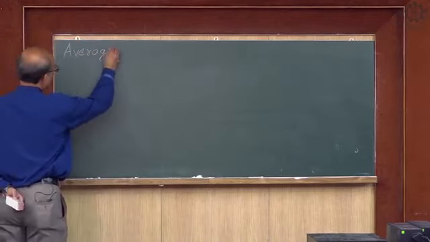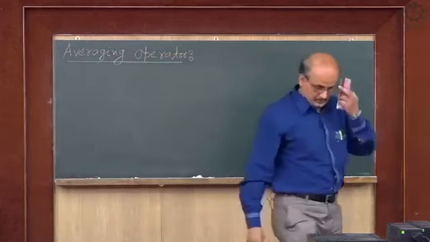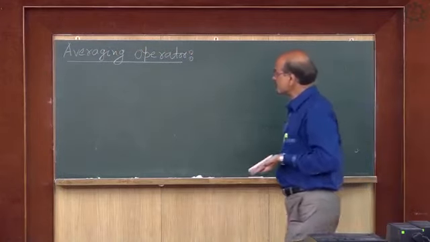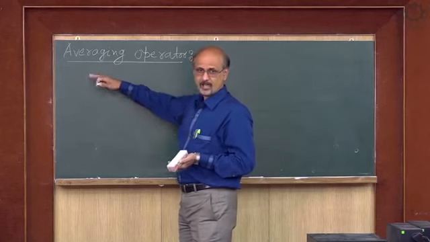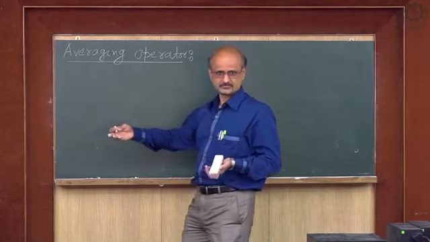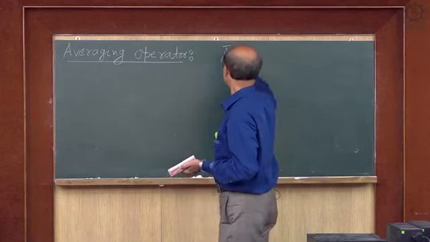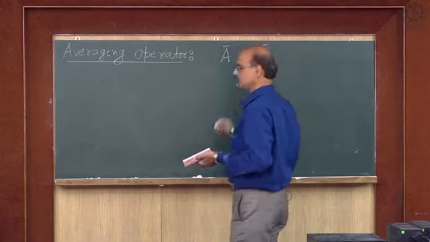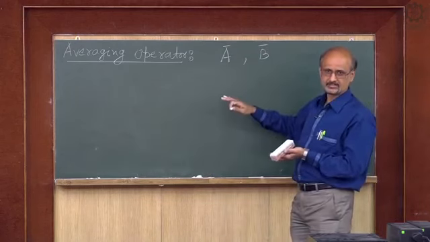Now, averaging operator. See, what is this averaging operator? It means the average of the fuzzy sets. If I have two fuzzy sets, suppose A bar and B bar, this is actually fuzzy aggregation.